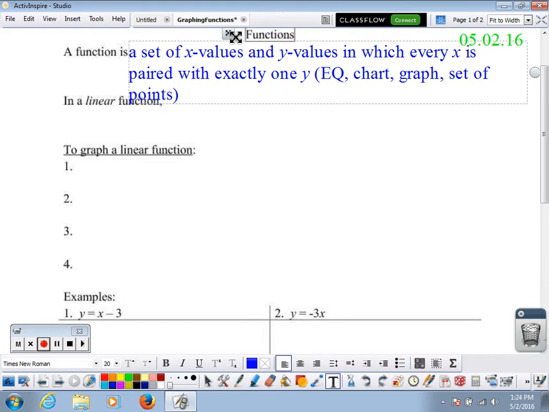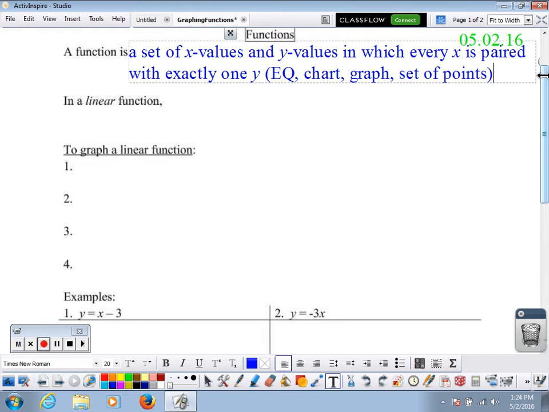Okay, it's a set of xy values in which every x is paired with exactly one y. Now, this can be represented with an equation. It can be represented with a chart. We can see the graph. We can even just have a set of points, just a list of xy coordinates. Okay, and all of those can represent a function as long as every single x is paired with exactly one y.